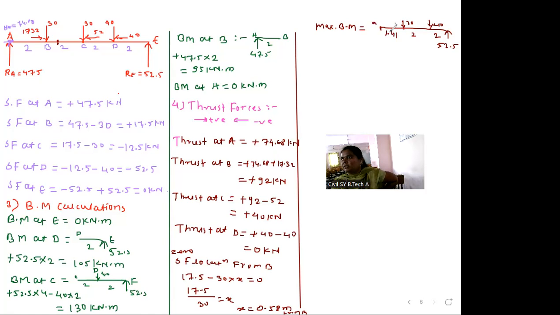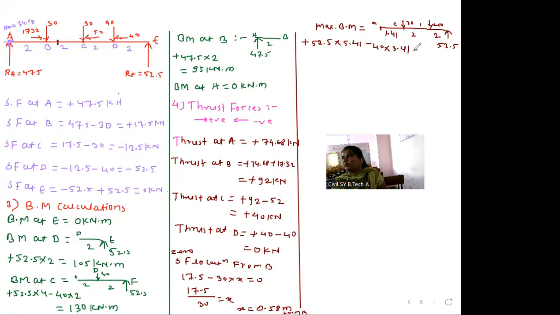This is C and this is D. So this 52.5 pushes upward. So plus 52.5 into perpendicular distance, which is 1.41 plus 2 plus 2, that is 5.41. After that, 40 pushes downward, so minus 40 into 3.41.